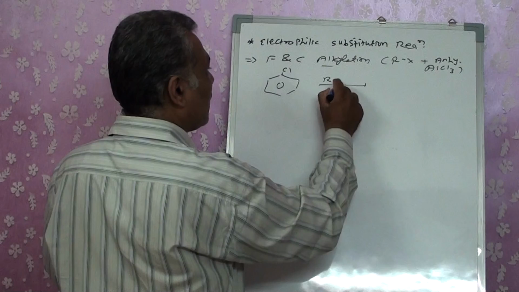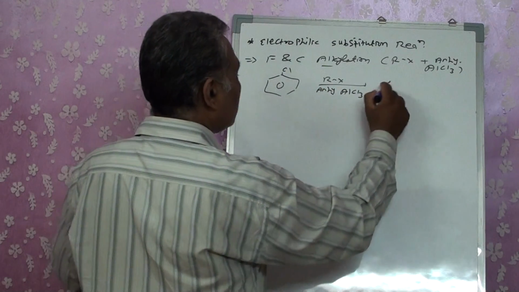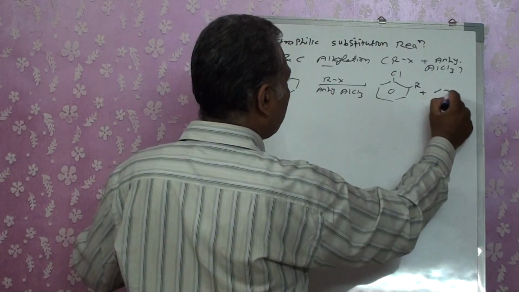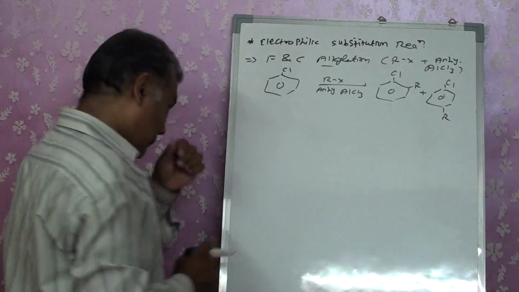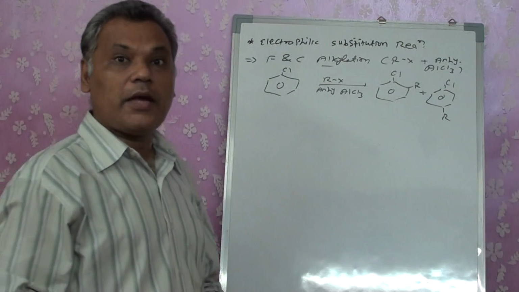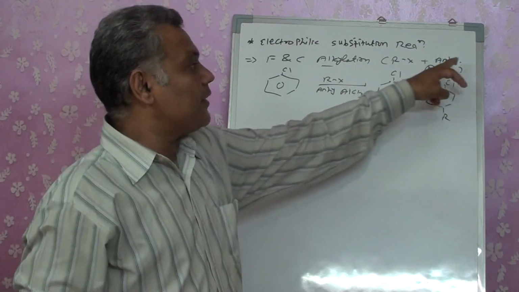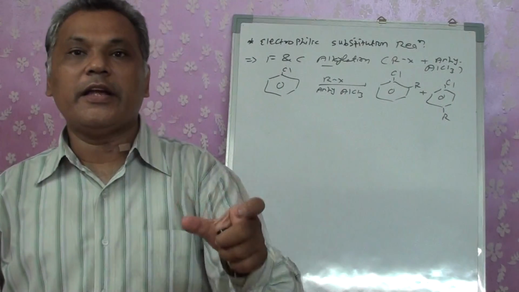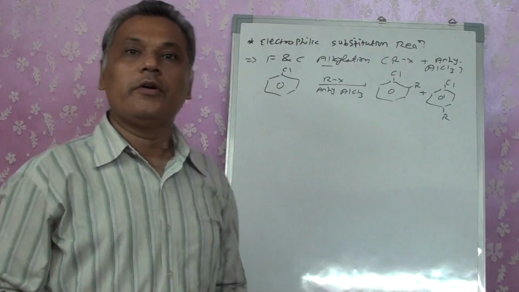With chlorobenzene, RX and anhydrous AlCl3, the product you are going to get is at the ortho plus para position. Right? So the reactions are the same, ortho plus para product, but the main thing is the reagents. So for every reaction, every chapter, the reagent is fixed. We should only know at what position they should react.